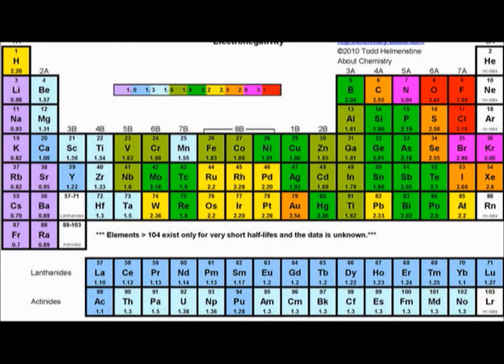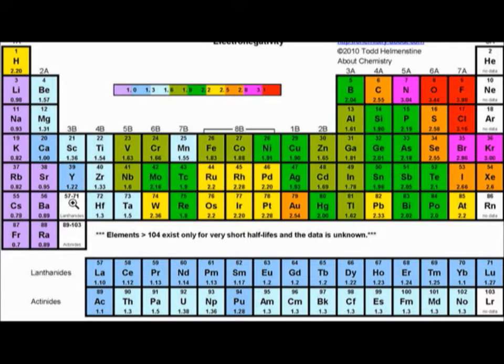Electronegativity is basically measuring the tendency of an atom to attract a bonding pair of electrons. The trend seen here on the periodic table is that starting from the very bottom, from this element, I believe rhenium, has the least electronegativity.